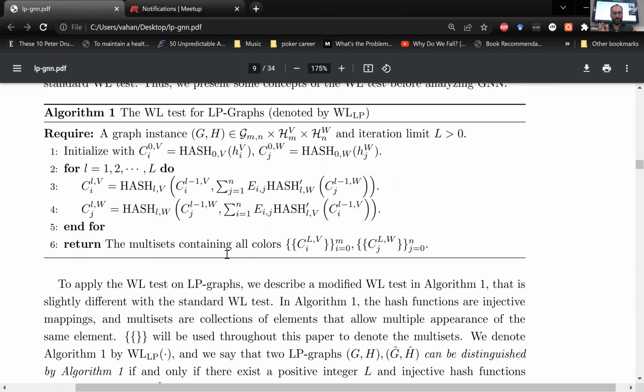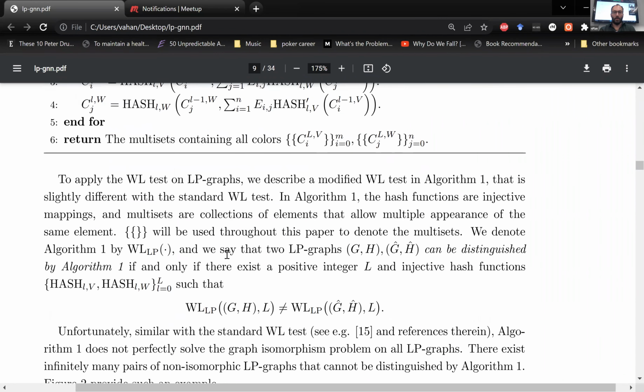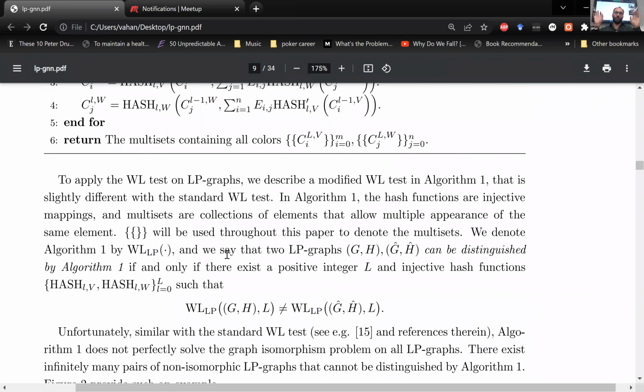And in the end, if you run this algorithm on two graphs, you can say if those columns are the same for both graphs. If they are different for the two graphs, then you can be sure that those graphs are different. However, if they are the same, we don't know if the graphs are different or not. That's the fundamental problem with GNN's expressive power.